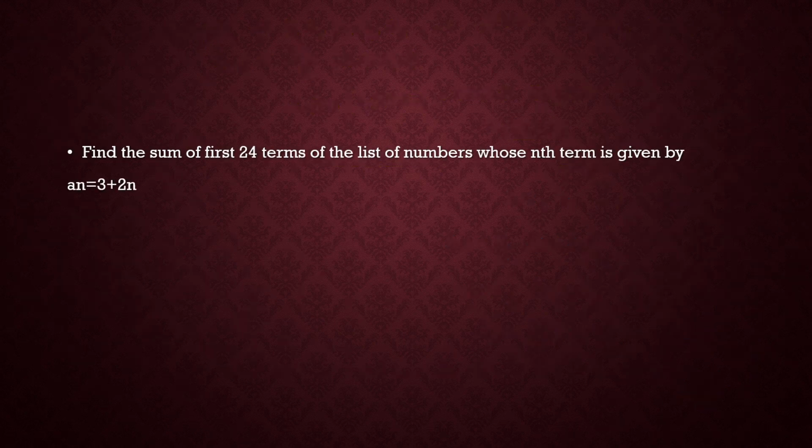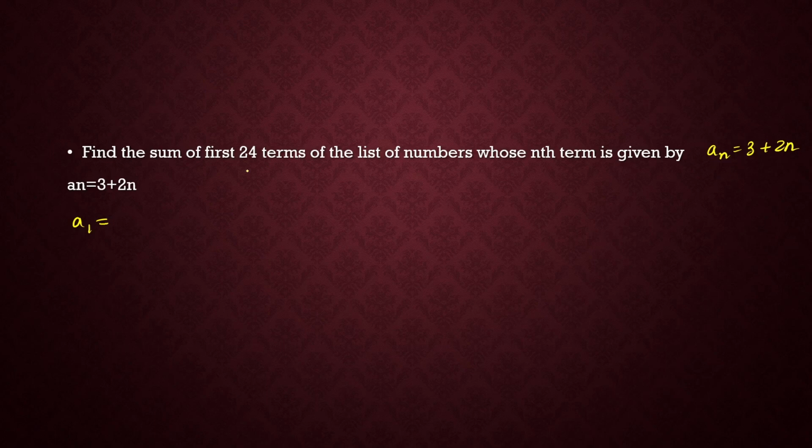Find the sum of first 24 terms of the list of numbers whose nth term is given by. Here in the question they have given you the nth term, that is an is equal to 3 plus 2n. So what is the first term? a1 is equal to, in place of n you just replace 1.